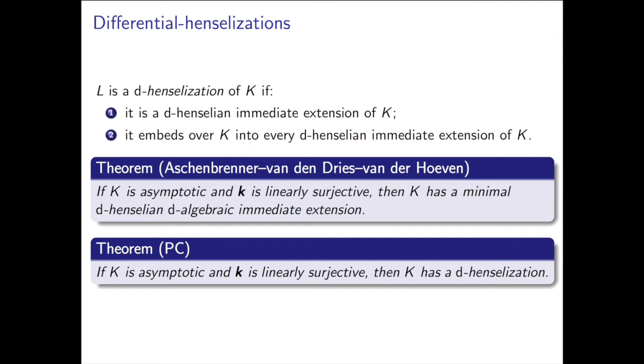But it's kind of obvious that you can always reduce to immediate extensions when you're dealing with henselizations, but it's not so clear in the differential setting. But it is annoying, yeah.